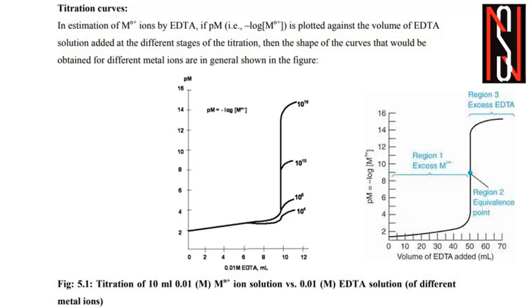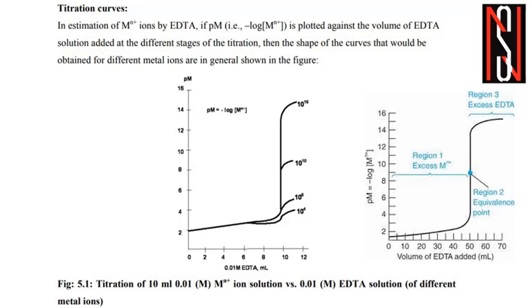This type of titration curve is also comparable to the acid-base titration curves, where we take pH versus volume of acid or base, that is, pH is taken along the y-axis and volume of acid or base along the x-axis.